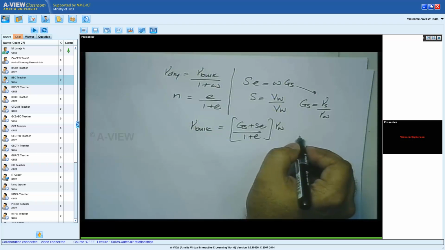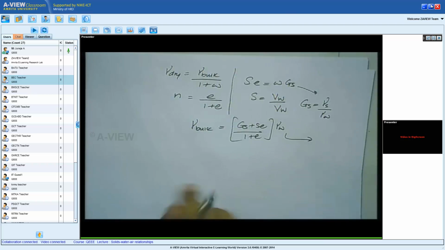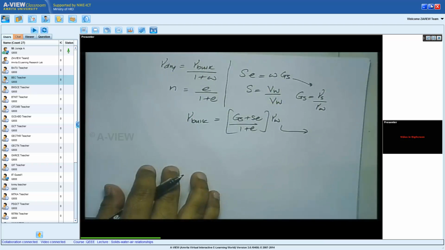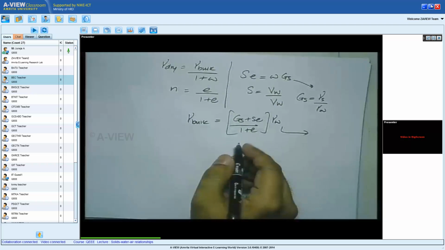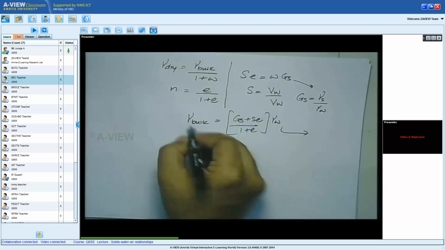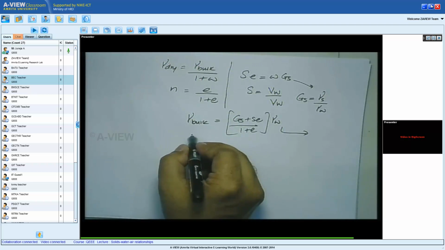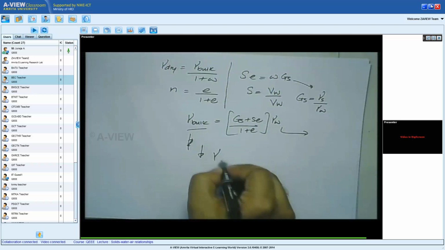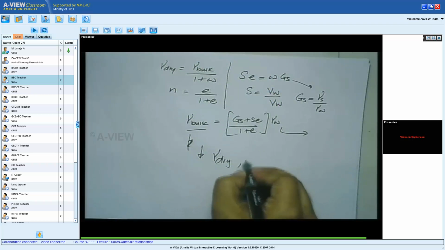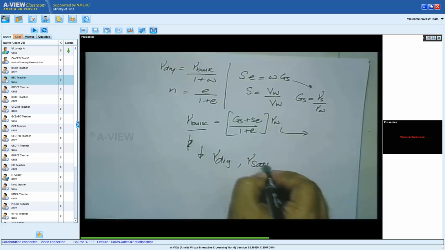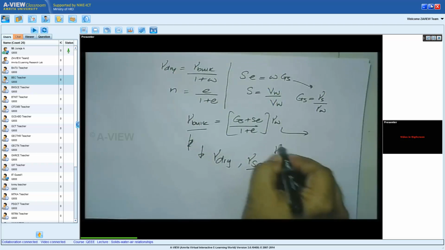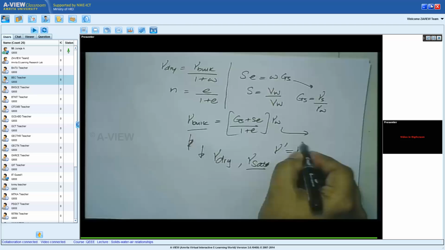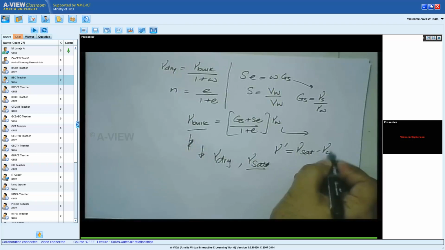That was another expression, and because of this expression we could derive other expressions for gamma dry, gamma saturated, and gamma submerged or gamma buoyant, which was gamma saturated minus gamma water.